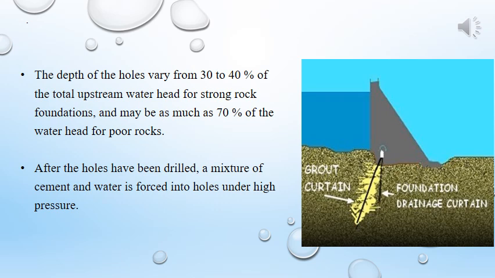After the holes have been drilled, a mixture of cement and water is forced into the holes under high pressure. This grouting may have to be accomplished from the foundation galleries within the dam. It may also be done from the upstream face of the dam if possible.